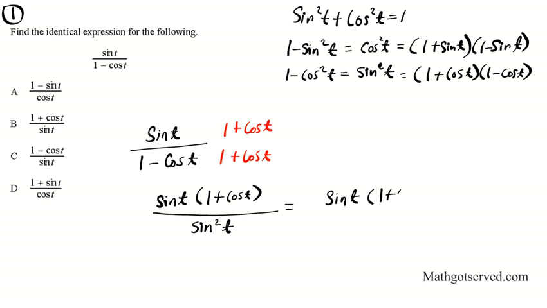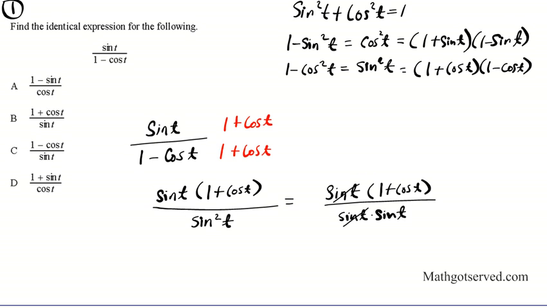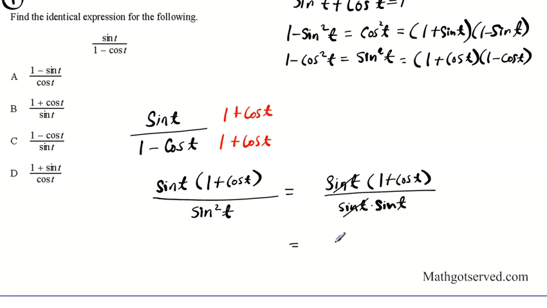I'm going to break down the denominator into sine t times sine t. Okay? I can divide this out, and our final result is going to be 1 plus cosine t over sine t. So the identical expression is option B.